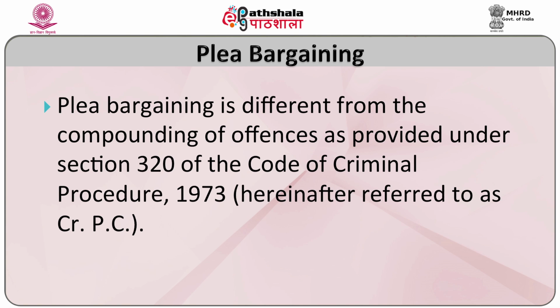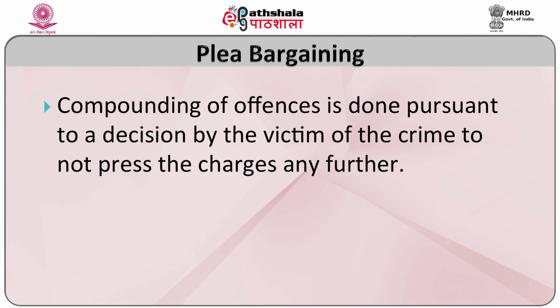Plea bargaining is different from compounding of offences as provided under section 320 of the Code of Criminal Procedure 1973. Compounding of offences is done pursuant to a decision by the victim of the crime to not press the charges any further.